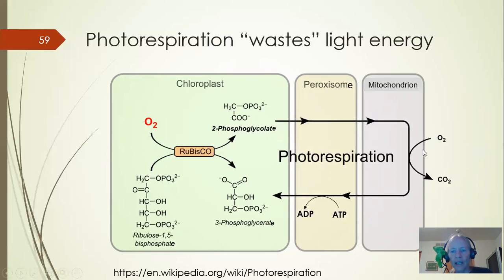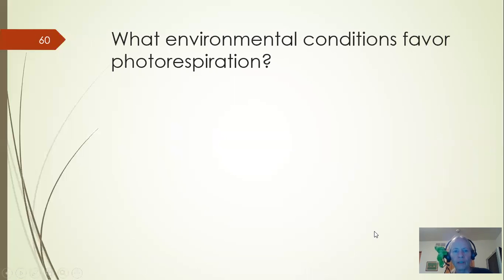So this is like a respiration process, giving off CO2. So photorespiration is what we call this process. And so what environmental conditions favor photorespiration? And that is your next question.